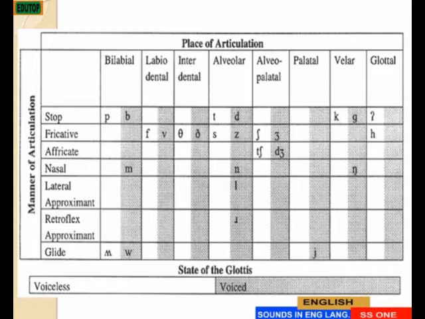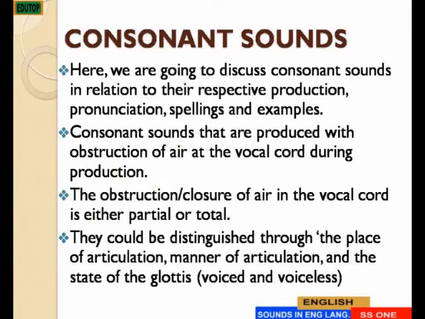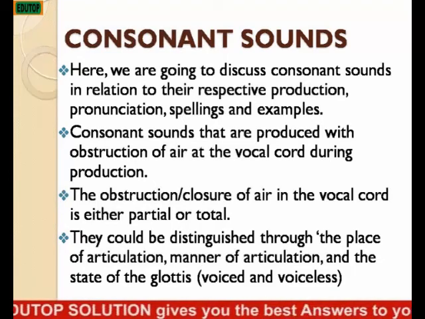Now let's look at how consonant sounds are described in English language. Under this, we consider the consonant sounds in relation to their respective production, their pronunciation and spellings. We are also going to talk about some of the examples of each of these sounds. Consonant sounds are produced with obstruction of air at the vocal cord during production.